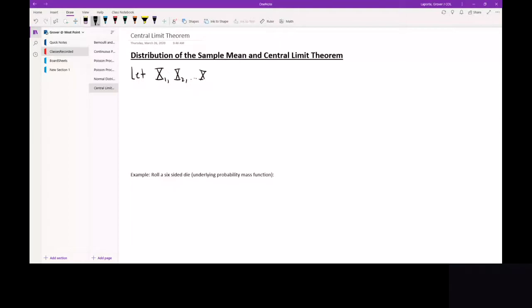Random variables X1 through Xn. We're going to let those be a random sample of size n that satisfy two things.